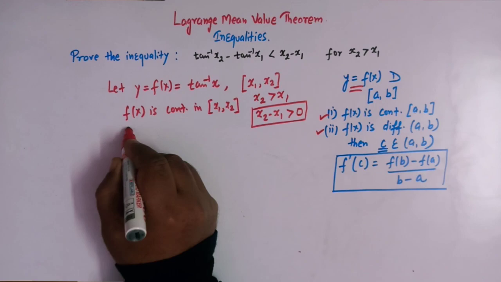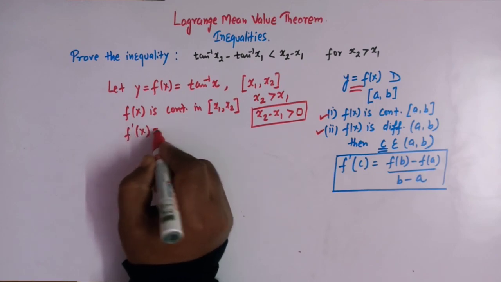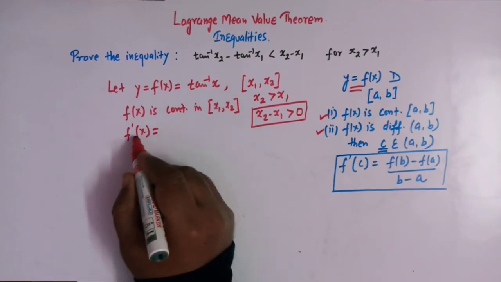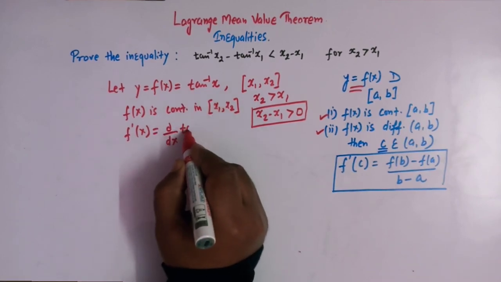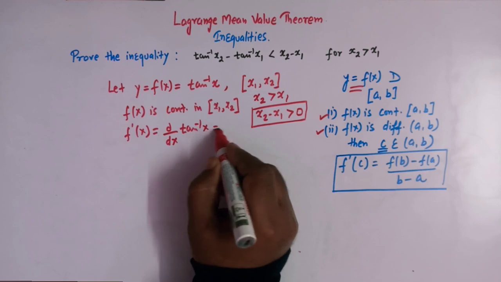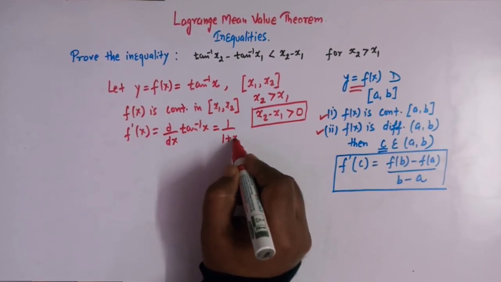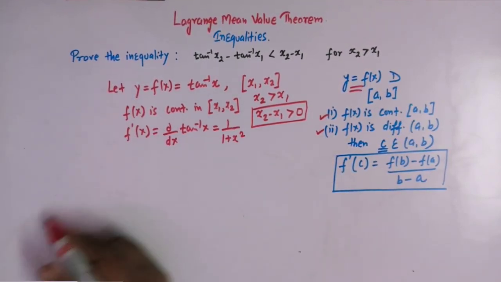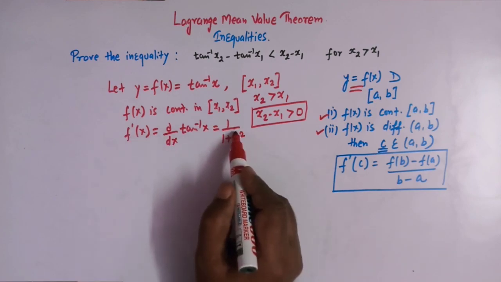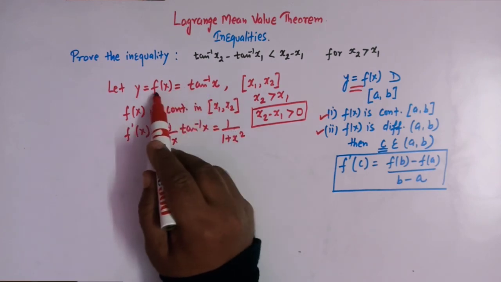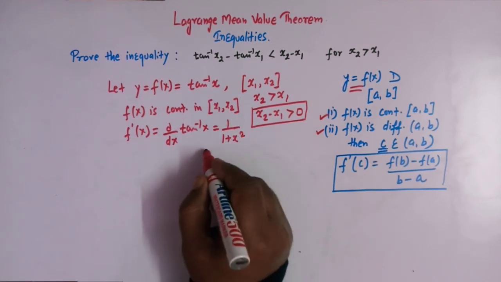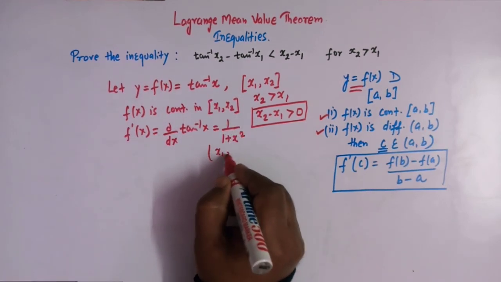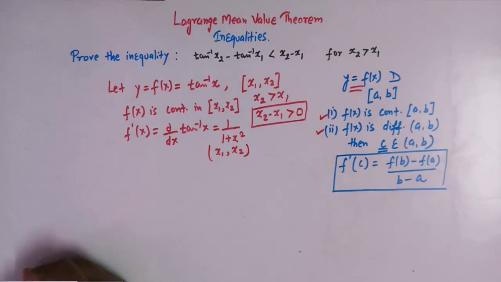And if we find the derivative of this function, then we get f prime of x equal to the derivative of tan inverse x, which is equal to 1 over 1 plus x square. Here we can easily see that the derivative of this function, tan inverse x, exists in the interval x1 comma x2.